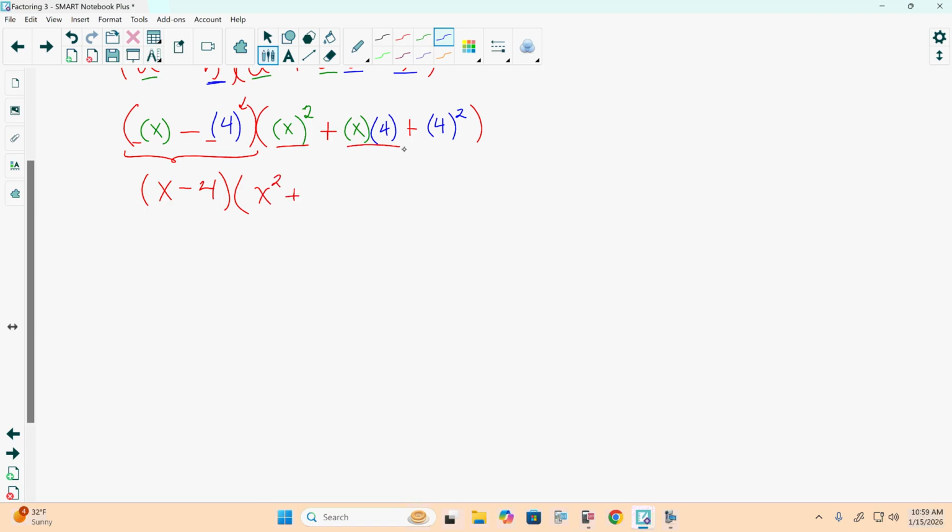Plus, the middle term, we have x times 4, which is going to be 4x, plus 4 squared. 4 times 4 is 16. Telling us that the correct factorization for x cubed minus 64 is x minus 4 times x squared plus 4x plus 16. And that's it.